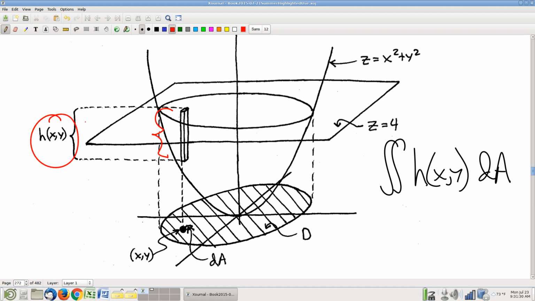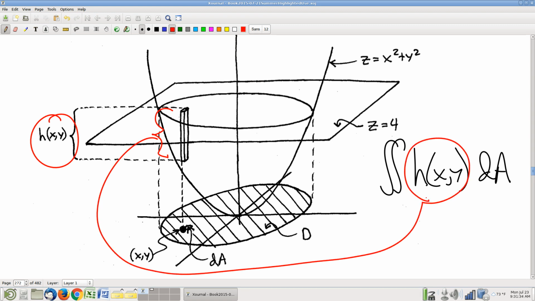there's our height, right, is still being multiplied by an area. Okay, so height times area is still morally the same formula.